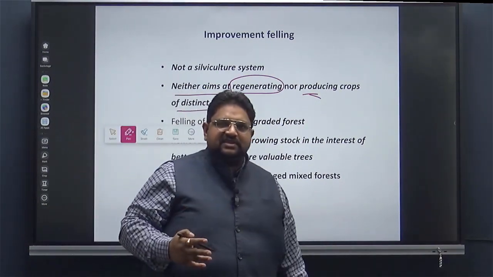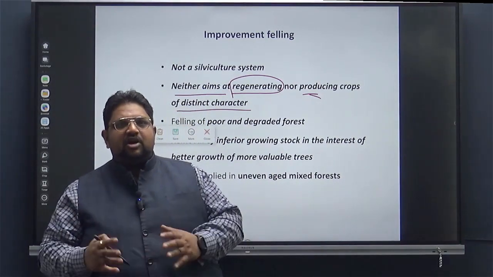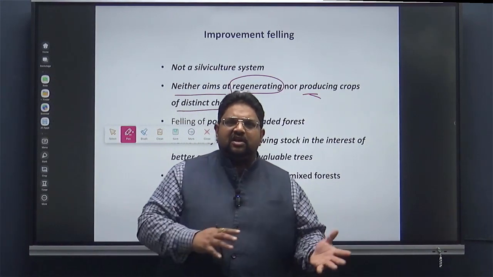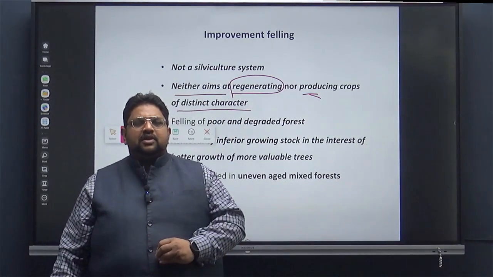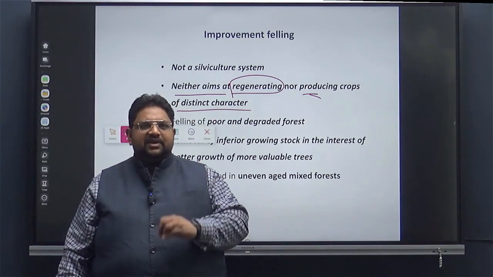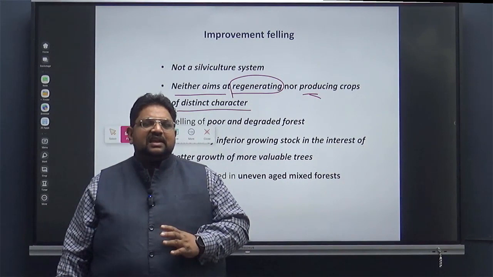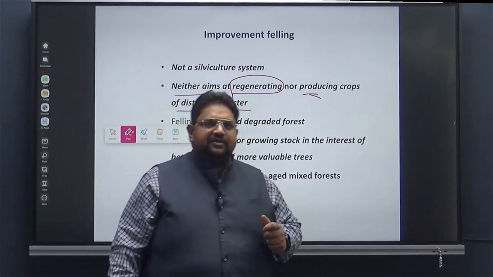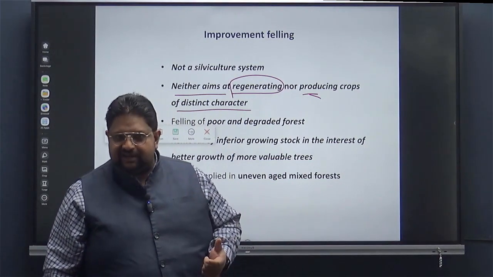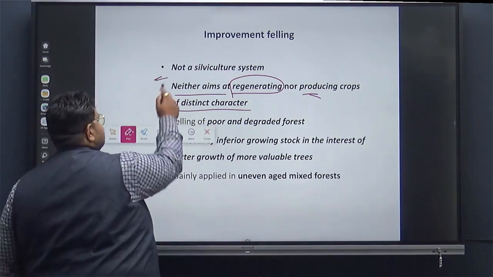Distinct characters in the sense it should produce either even-aged forest or uneven-aged forest, a regular or irregular kind of forest. It should result in some kind of pattern, okay, either even-aged or uneven-aged. But improvement felling doesn't result in any distinct character of the forest, nor does it aim at regeneration. So for those two reasons, it is not considered a silviculture system.